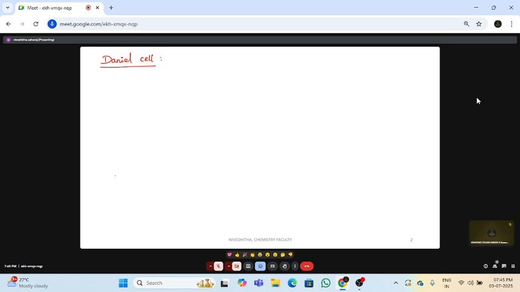First I have a beaker, and in this beaker I'm going to dissolve a salt called zinc sulfate. Zinc sulfate is a salt in solid state, and if you dissolve it into water, it will get dissociated, right?